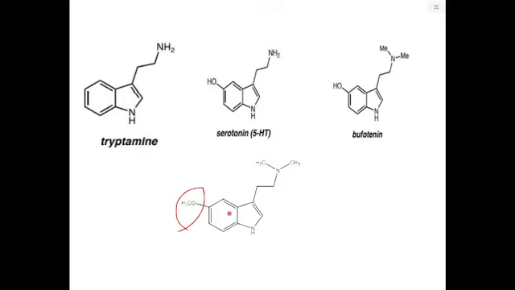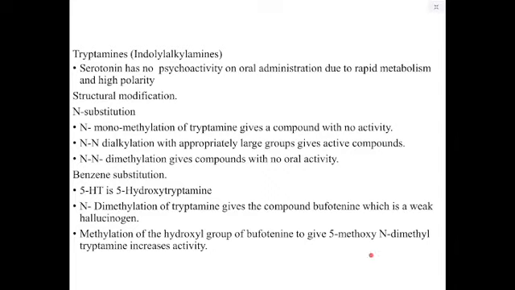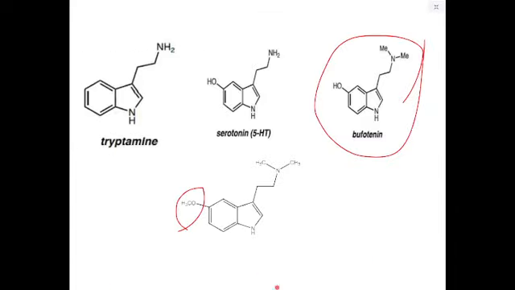So of course we are saying up to here, when you have the hydroxyl group, that is bufotenine. Once you methylate it, that is why we have called that compound 5-methoxy-N,N-dimethyltryptamine.